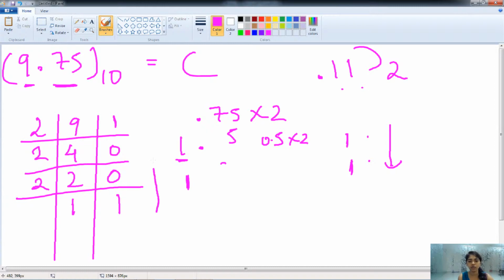Here we will go from bottom to top, so 1 0 0 1, and this is our answer.